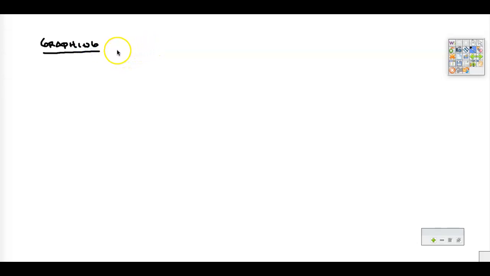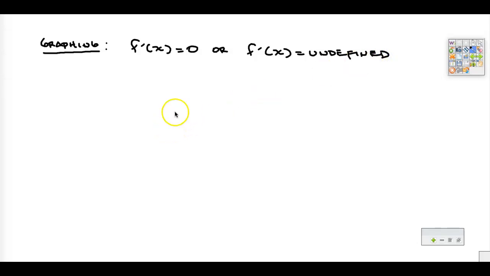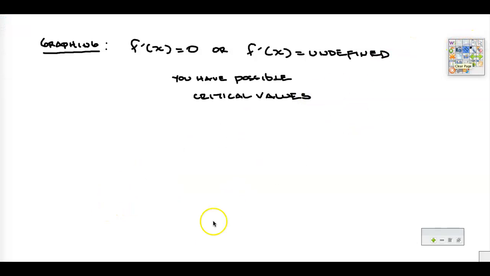So this is just conceptualized because we haven't talked about the derivative here, but what this is saying is that if your first derivative is equal to 0, or your first derivative of x is undefined, then for those values of x, you have possible what are called critical values. So what is this illustrating here?